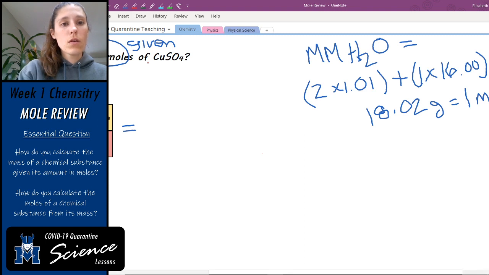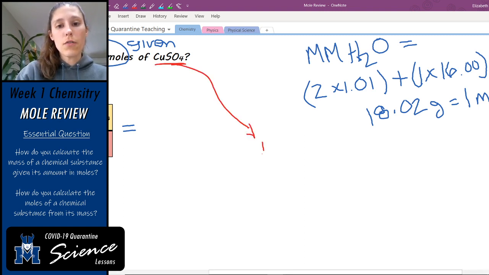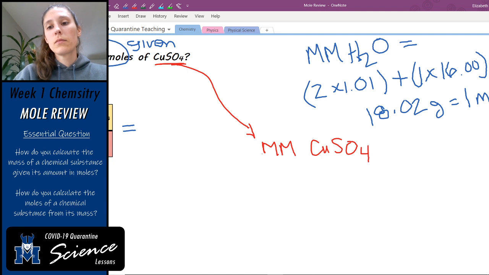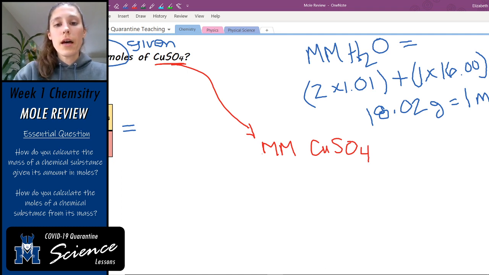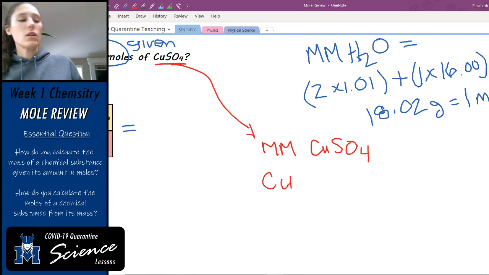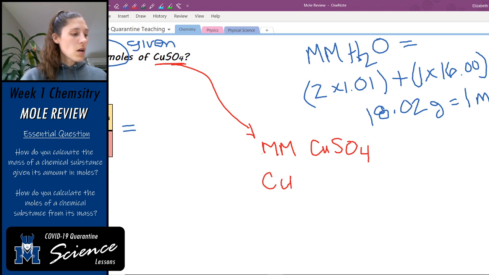So copper sulfate, let's do a side calculation here for the molar mass of copper sulfate. We have Cu. Let me grab my notes here. I've already looked these all up, so I don't have to do it as we're doing this.